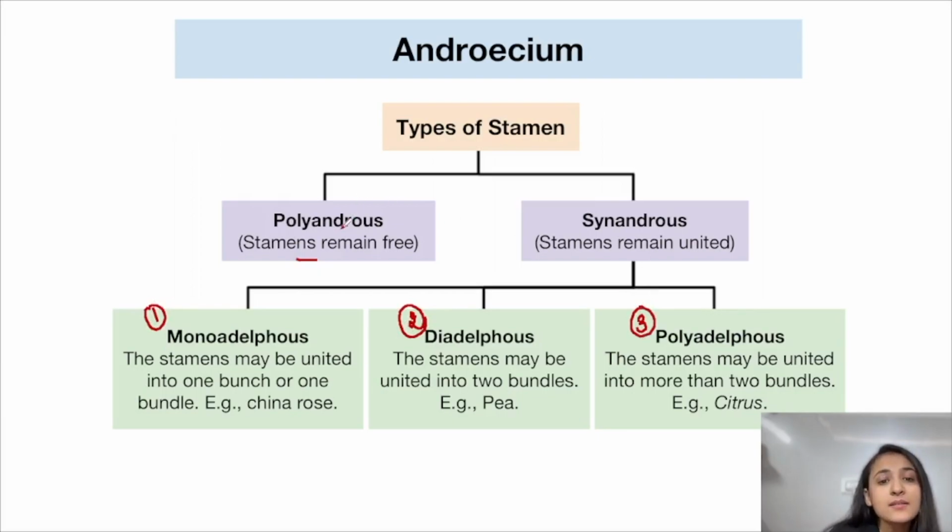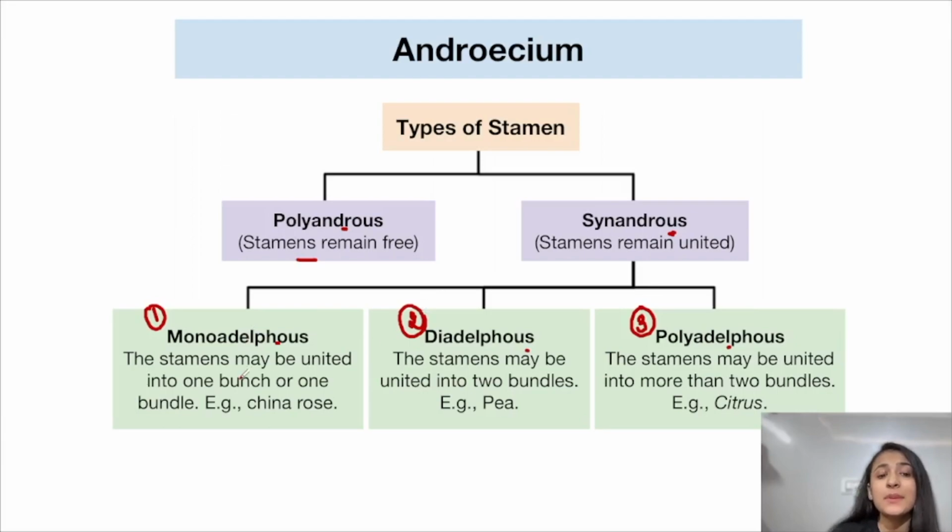See, the term androus is mentioned here because it is related to Androecium, and here the term adelphous is mentioned. Adelphous is the fusion of stamens into bundles. So usually it means that the filaments are united with each other. When we say adelphous, we mean that the filaments of the stamens are fused together so that they are now present in a bundle.